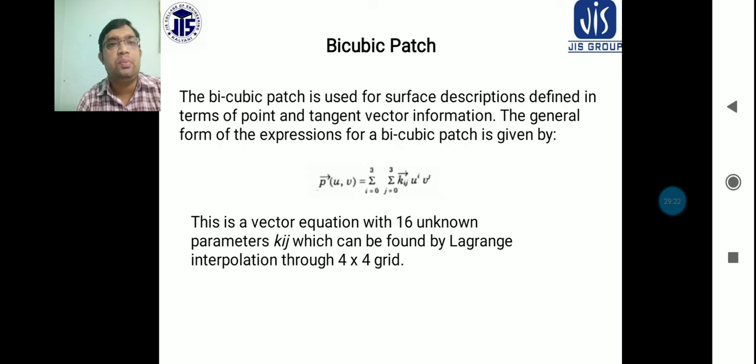The bicubic patch is used for surface descriptions defined in terms of point and tangent vector information.